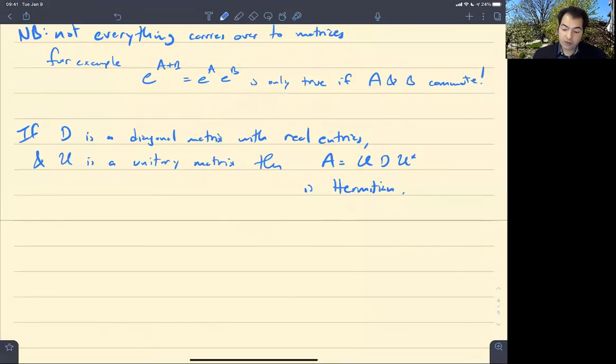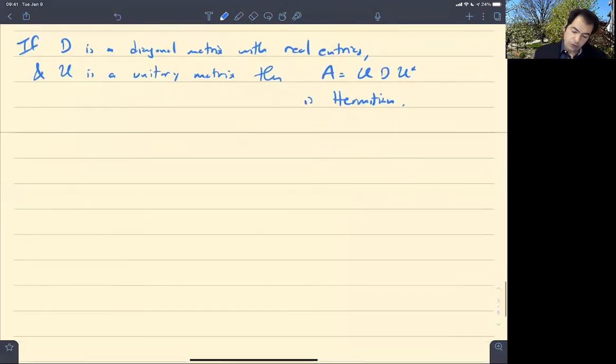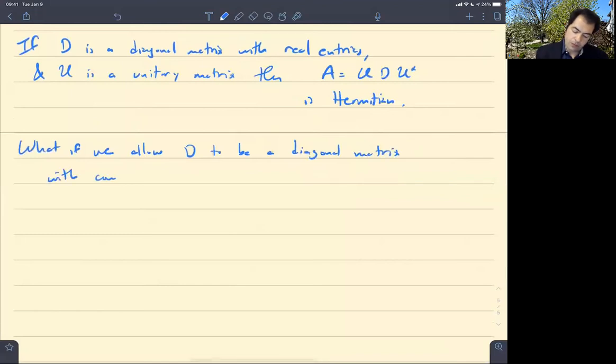Great. So what if we like the spectral decomposition, but we don't want to require that D have real entries? Right? So what if we allow D to be a diagonal matrix with complex entries, right? So what would that tell us about those A's that can be written like this?